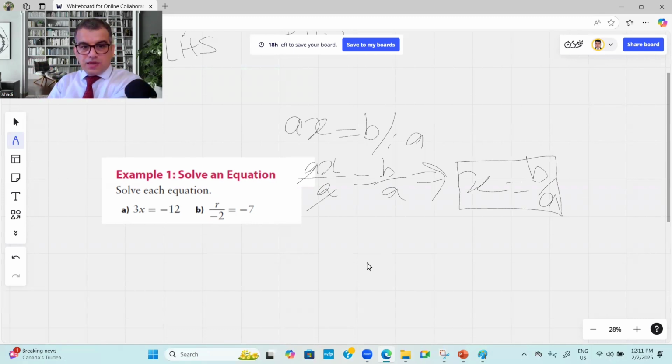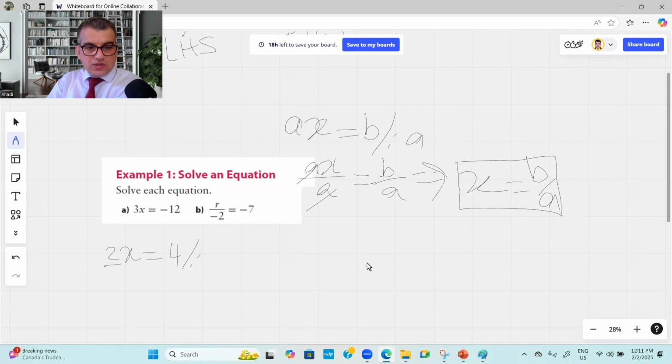So here are some examples, let's begin with the easy one. For example, we have 2x is equal to 4. How do we solve it? We divide both sides of this equation by a.